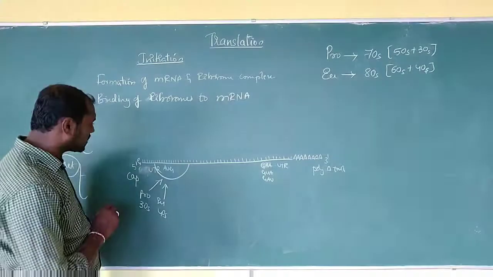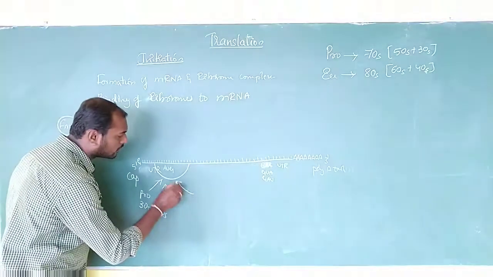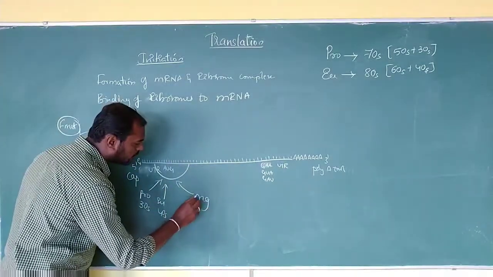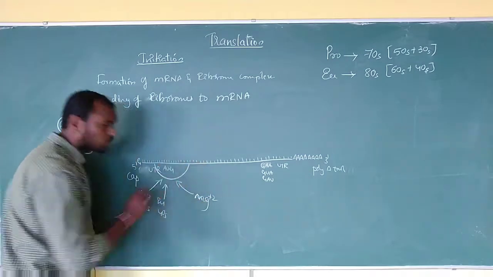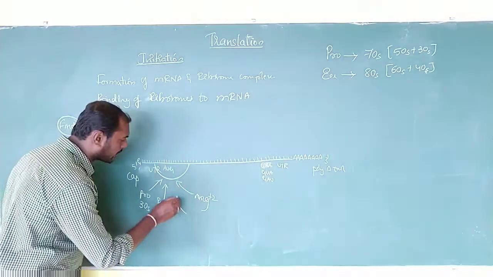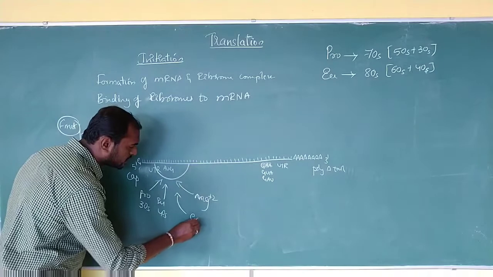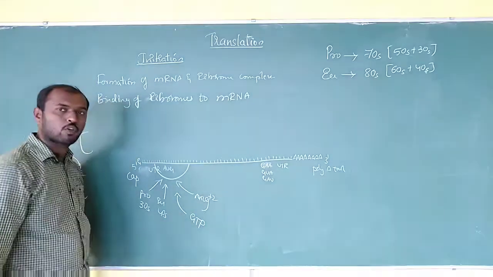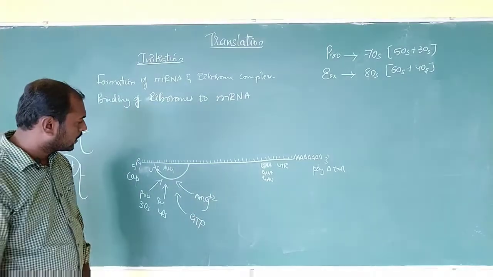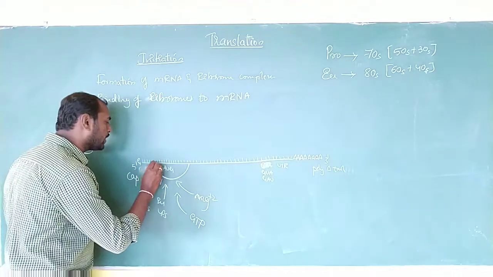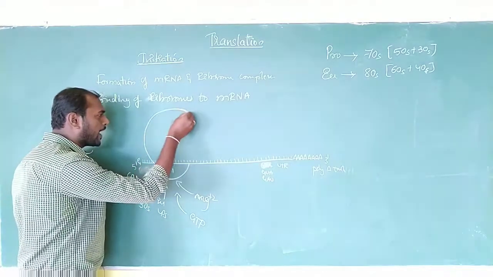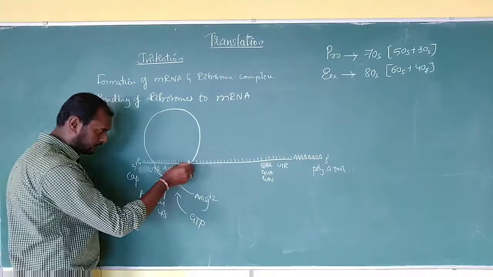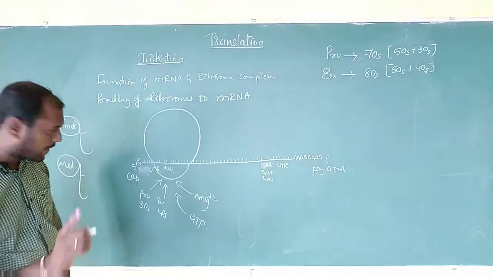Okay, so now what happens? In the presence of Mg+2 ions and with the help of GTP, the energy-rich molecule, the large subunit is going to bind the mRNA.